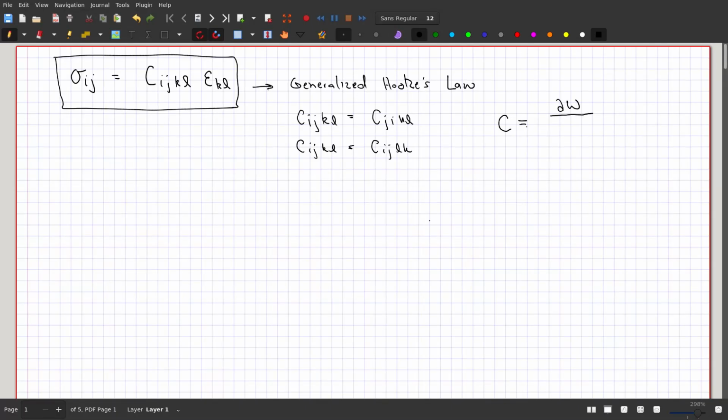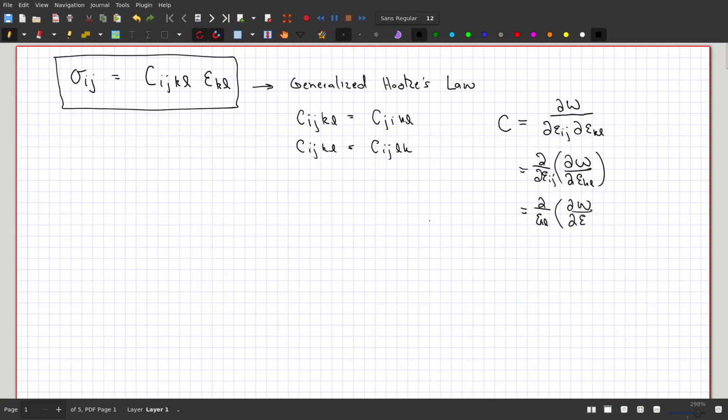then C is defined as the partial, or the tensor gradient like this, and like all differentiation, the order of differentiation can be reversed, right? So we could write it like this. Or we can write it like this, right?